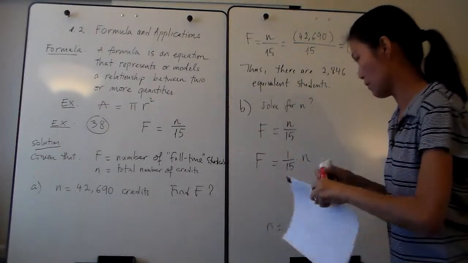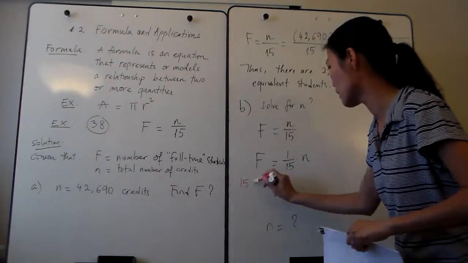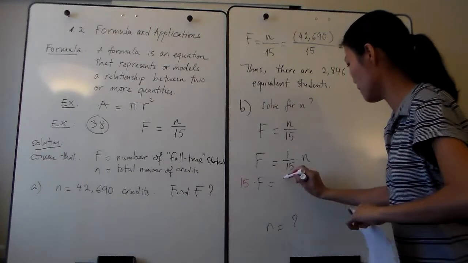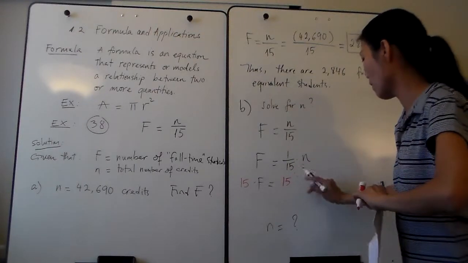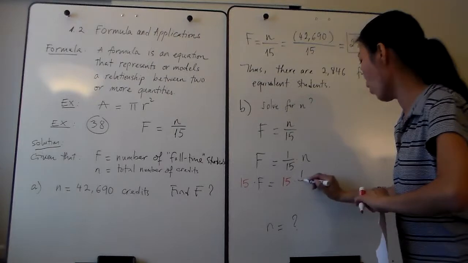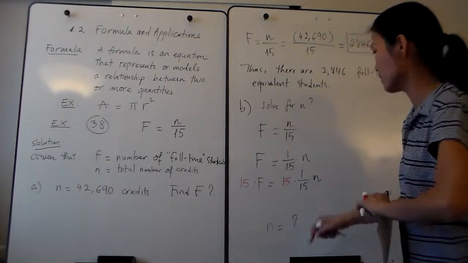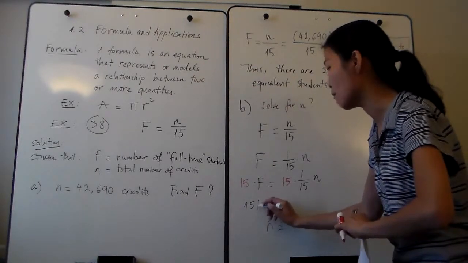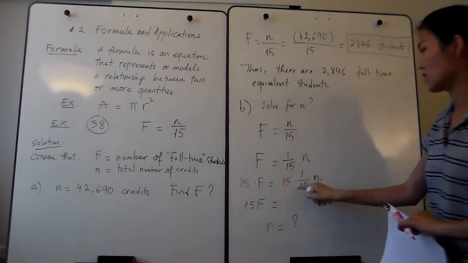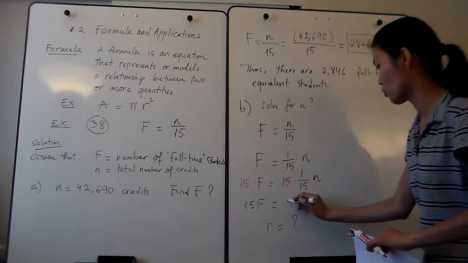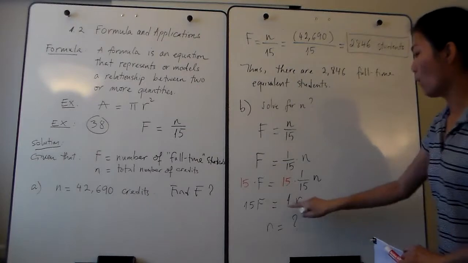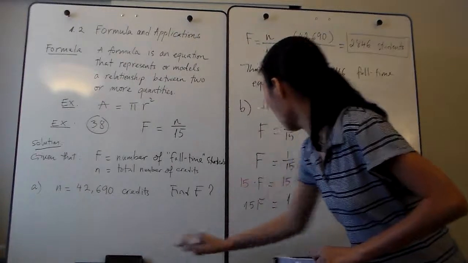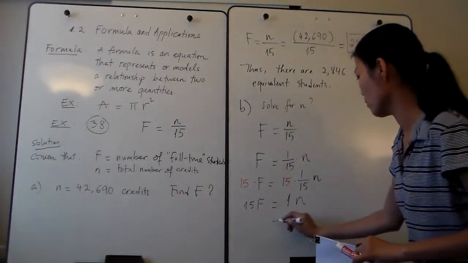So I would have here 15 times f equal to 15 times 1 over 15 times n. Simplified, we have 15f right here equal to 15 times 1 over 15 is 1. So we have 1n right here. We're almost there. So 1n is n equals 15f.